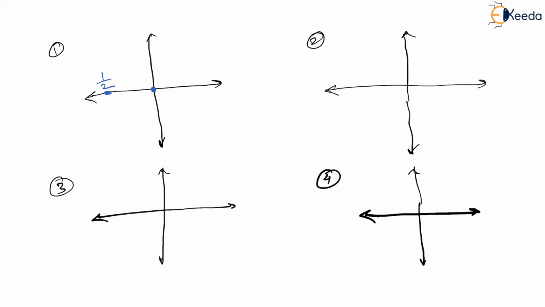So we have seen that in such cases, it can either go like this, or it can go like this, or it can go like this, or it can go like this, down and then up.